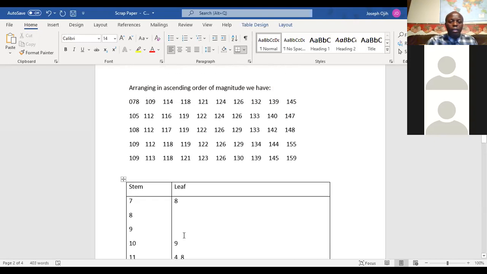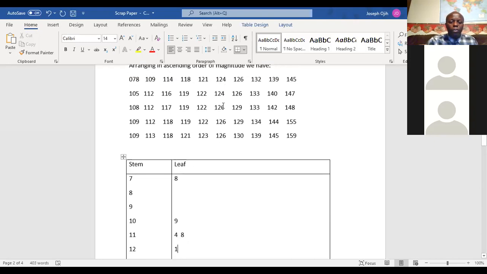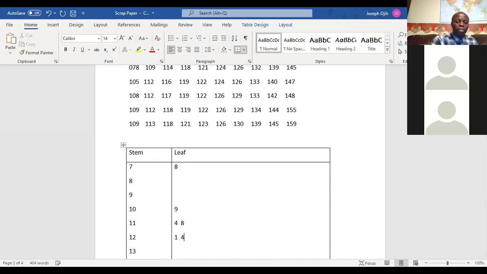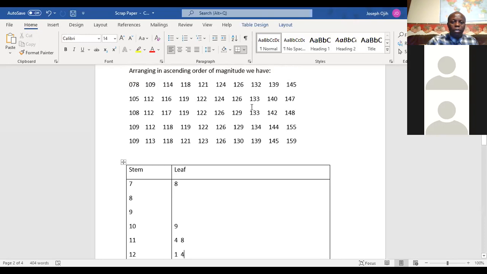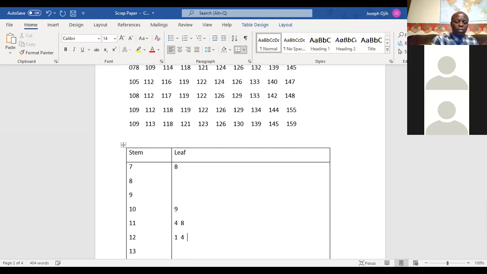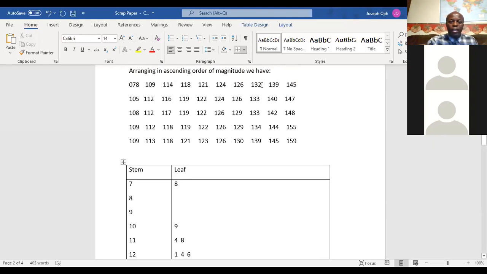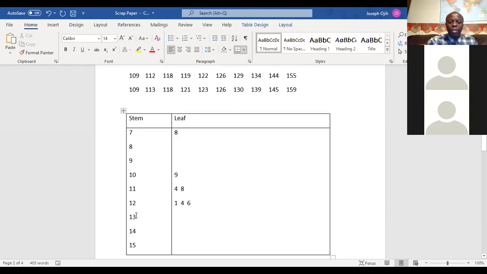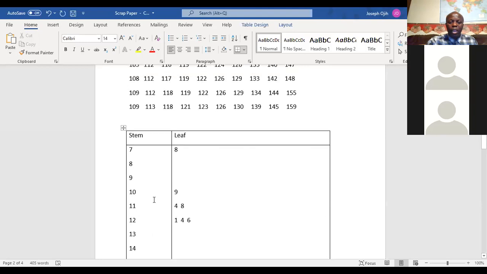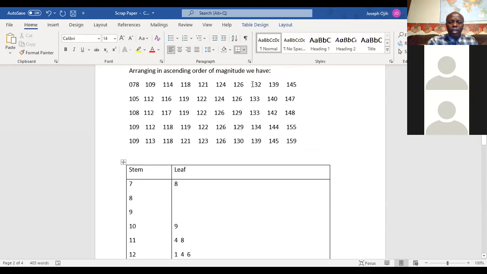Then 124, 4. And 126, 6. Then next is 13, which starts from here. So you have 132. You know what? I think I missed the 10s. See the 10s continue here.